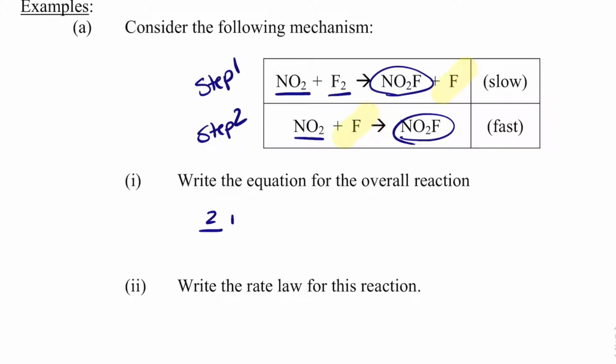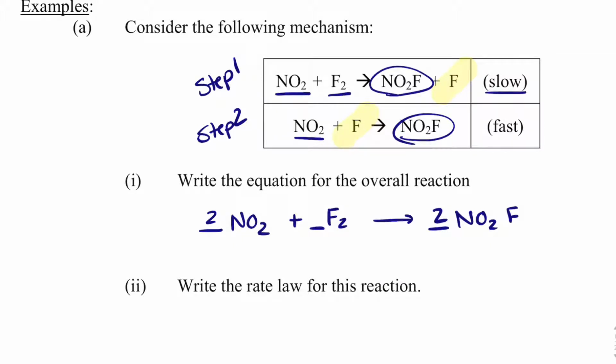And so we can say 2 NO2 plus F2 gives me 2 NO2F, and if we checked it, we would in fact see that it does balance out.